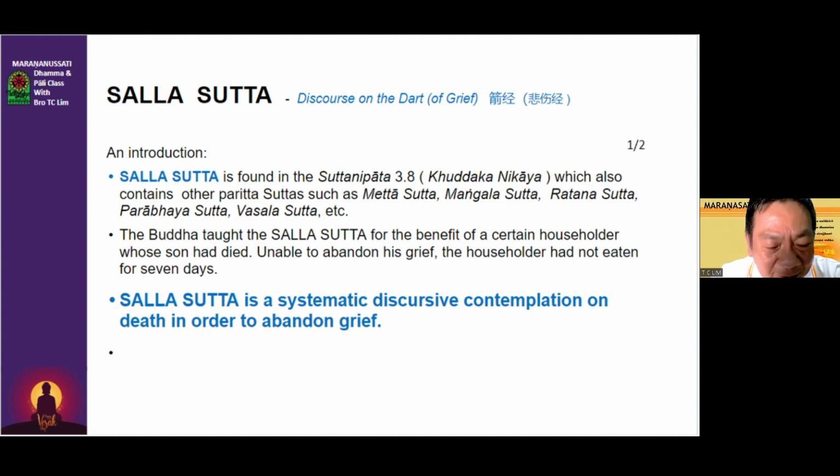Even the Arahants do not grieve at the passing in the Mahaparinibbana Sutta. It's not because they have no feeling. No, it's not that. It's because they see things as they are with wisdom.